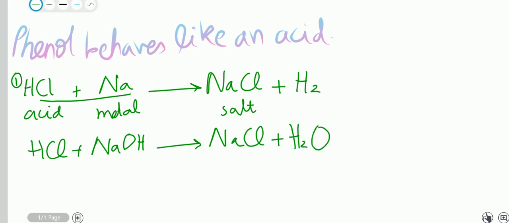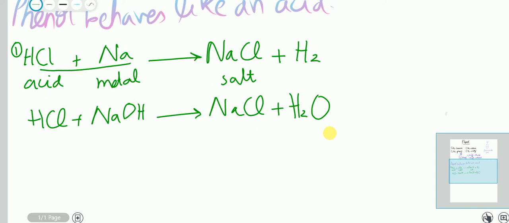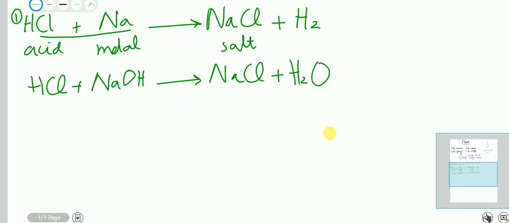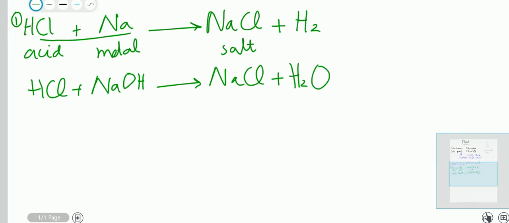These are the very general reactions that almost all acids give: a reaction with a metal or an alkali base, metal hydroxide, right? So in this similar manner, we're going to see the reactions of phenol, right?